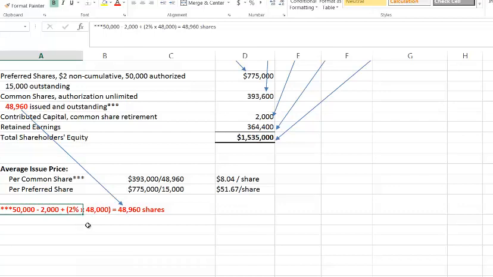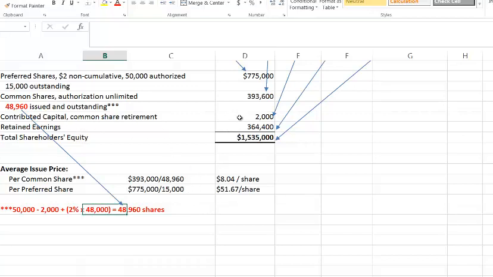But then you declared and issued more common shares when you issued the share dividend. That was 2% on 48,000 shares. That number alone, 2% times 48,000, gave you an extra 960 shares, which I added. So now I have 48,960 shares.